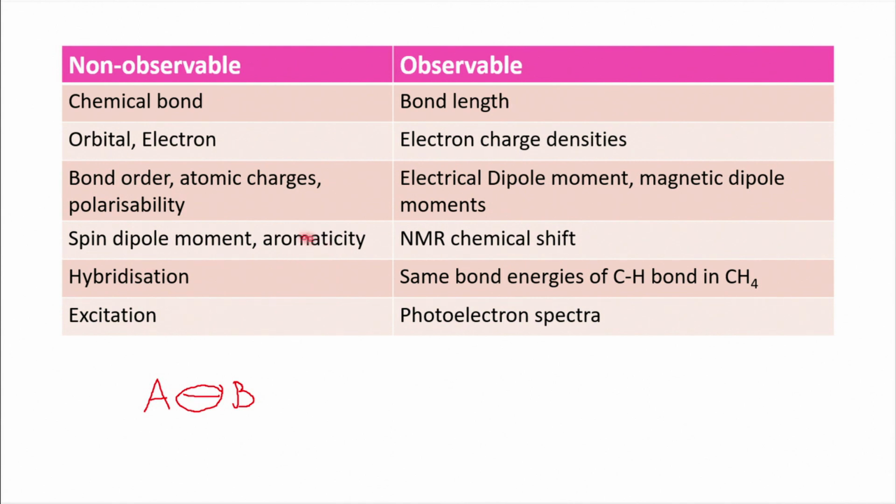Similarly, aromaticity is a concept which is non-observable, whereas the NMR chemical shift for the benzene protons can be studied. Similarly, hybridization is a purely theoretical concept, but the same bond energies of the C-H bonds in CH4 are an observable phenomenon. Similarly, excitation is non-observable, whereas photoelectron spectra is an observable phenomenon.